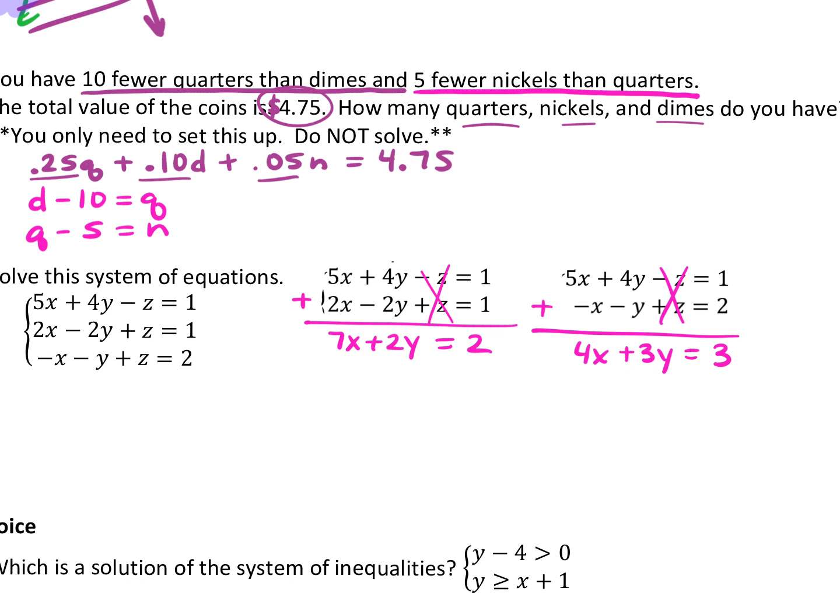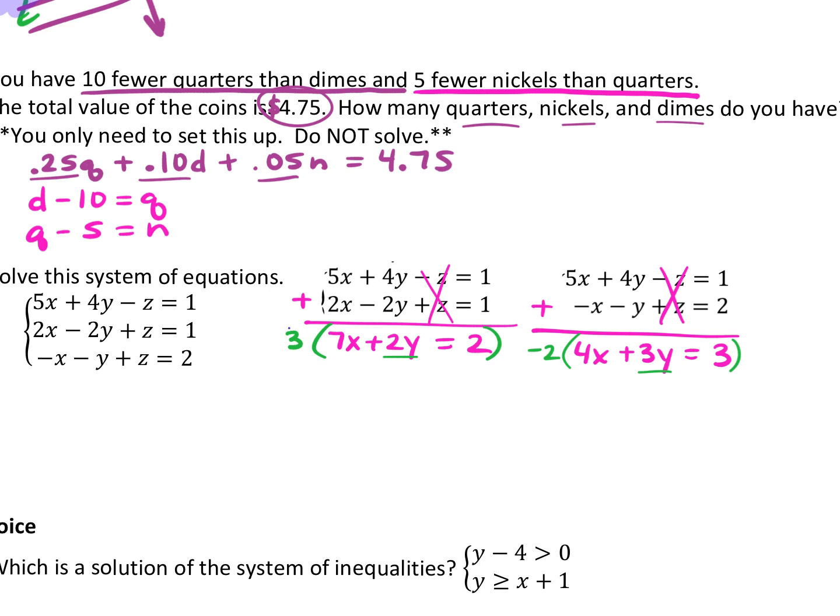Now we need to get rid of another variable. And I would probably get rid of the y's next. So 2y and 3y, if I multiply this whole equation by 3, and I multiply this whole equation by -2, then that'll get me a positive 6y and a negative 6y.